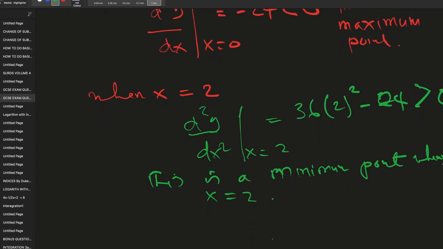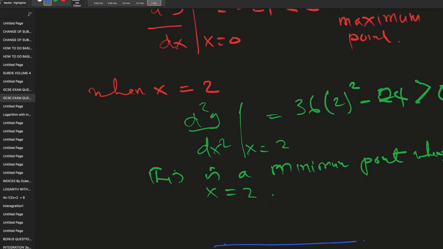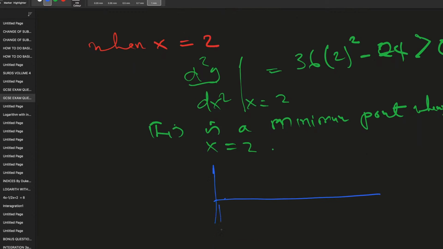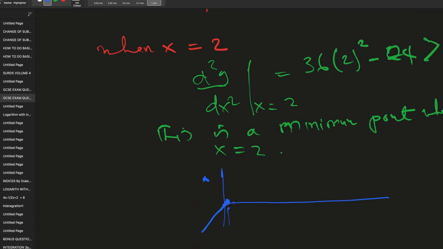So we see that roughly, if we have a line like that, when s equals 0 it was a maximum point, so it goes this way to the maximum point. And when s is equal to 2, that was a minimum point.